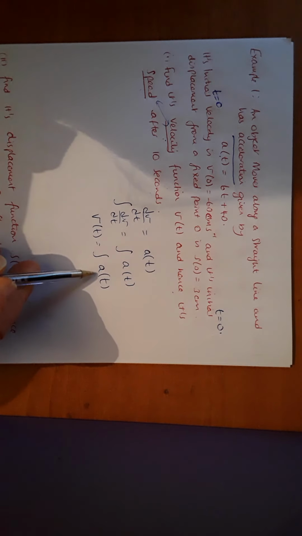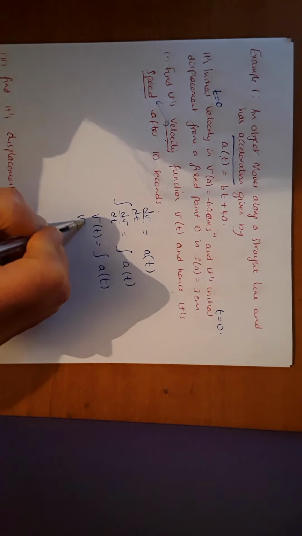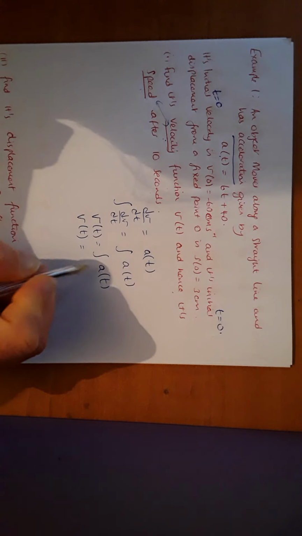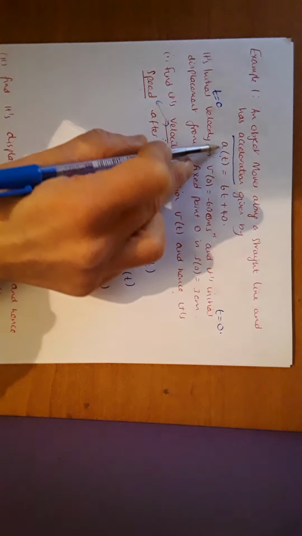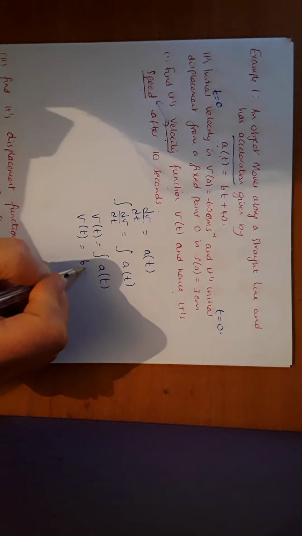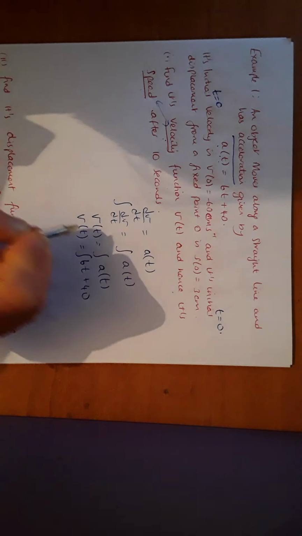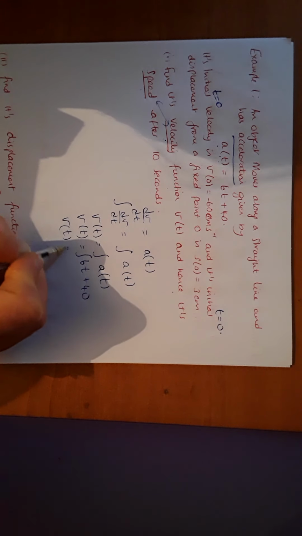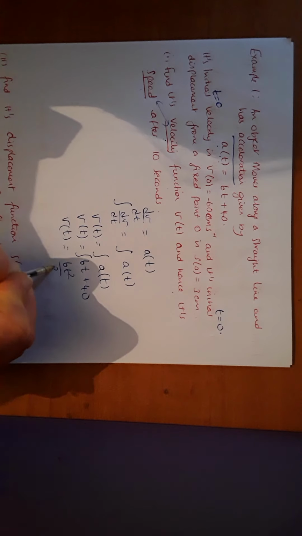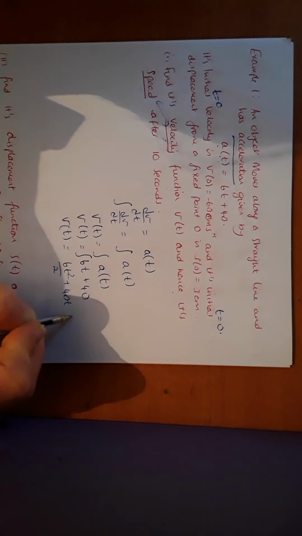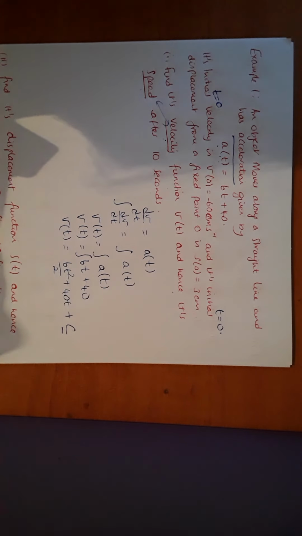Now I know what acceleration is. I don't know yet what velocity or speed is, but I know the acceleration is a(t), that's 6t plus 40, and I must integrate that. When I integrate it, I will get 6t squared over 2 plus 40t plus c, the constant of integration.